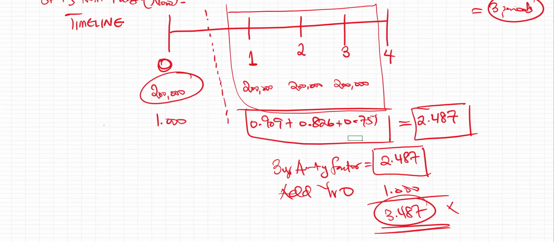Then you multiply this by the cash flow. So anytime you are doing annuity in advance, if it is 4 years, subtract 1 year. When you do the 3 years, you come and add year 0, which is always 1, separately to the 3 years. And that gives you this. Then you multiply by the cash flow.